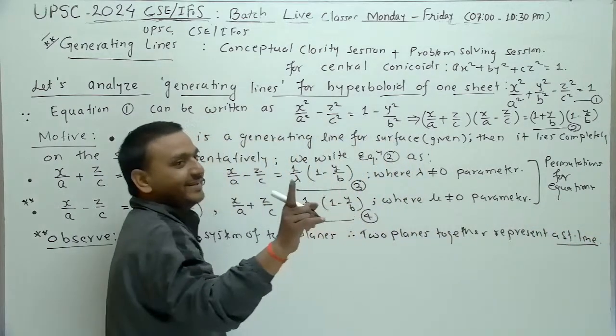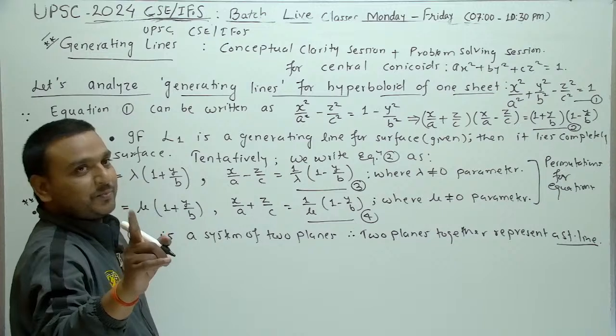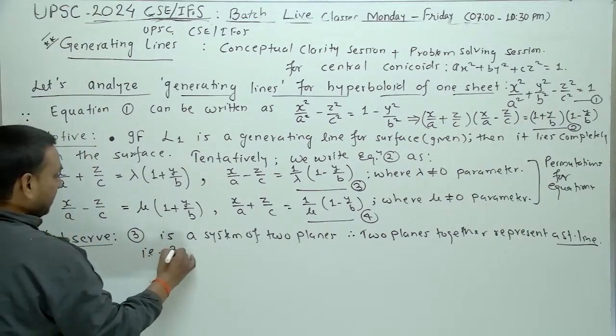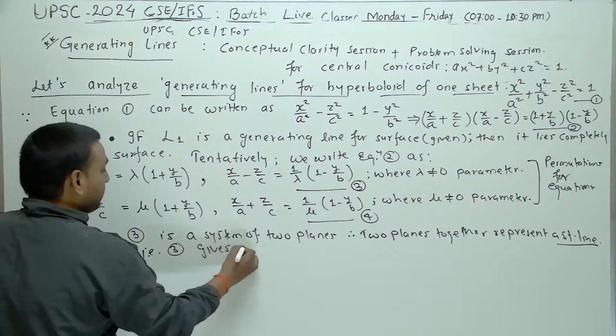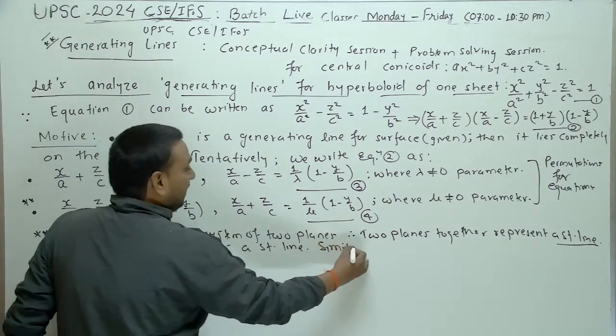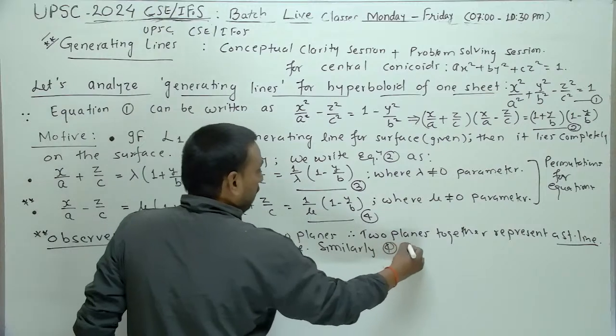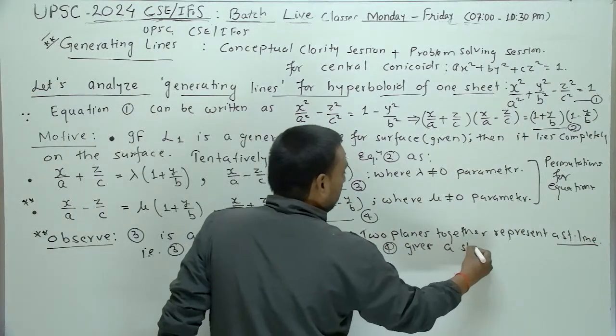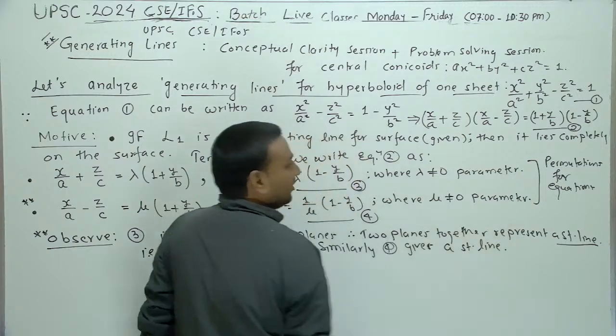Yes or no, any doubt? So 3 gives a straight line. Similarly 4, because 4 is again 2 planes, gives a straight line. Yes or no?